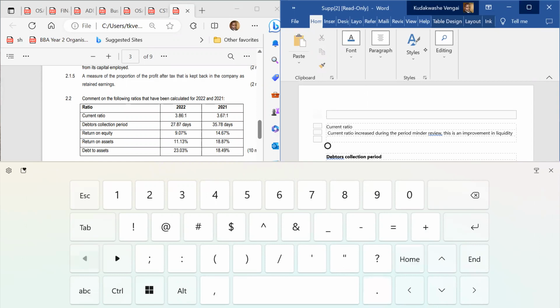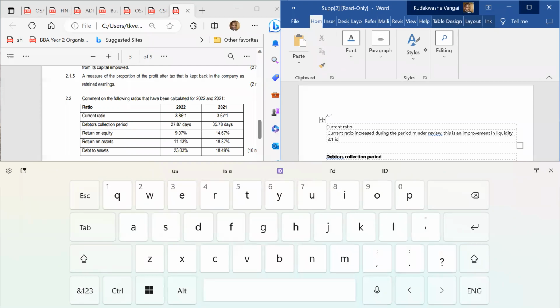We normally expect the current ratio to be 2 to 1. So 2 to 1 is the normal current ratio. So if it is the normal current ratio, I can therefore conclude that this one is a bit too high.